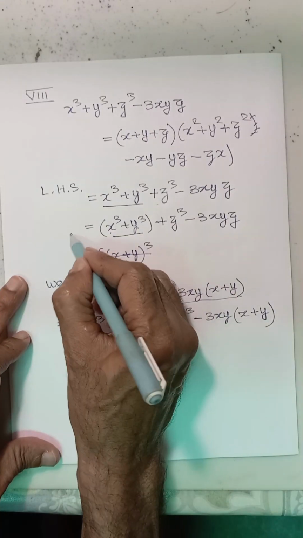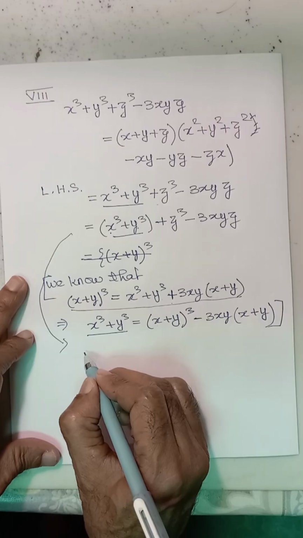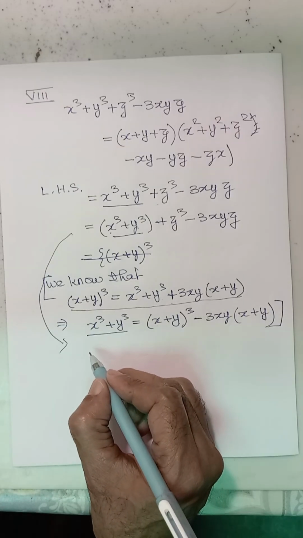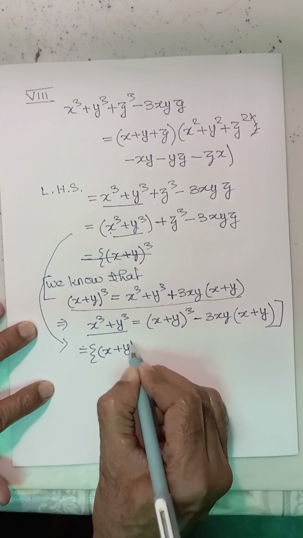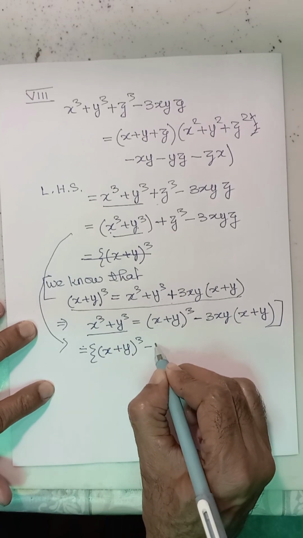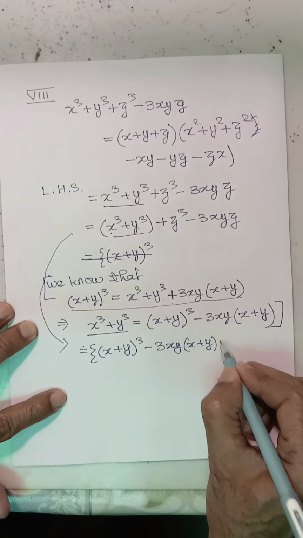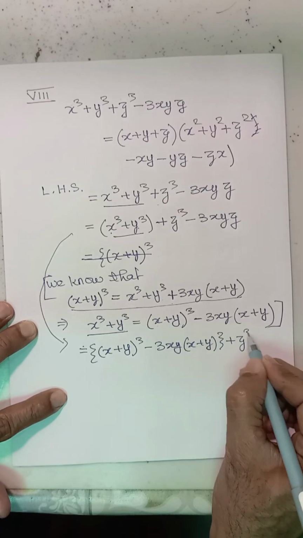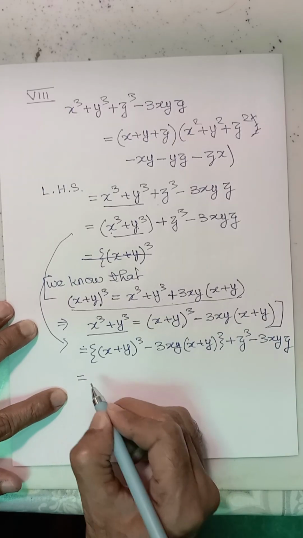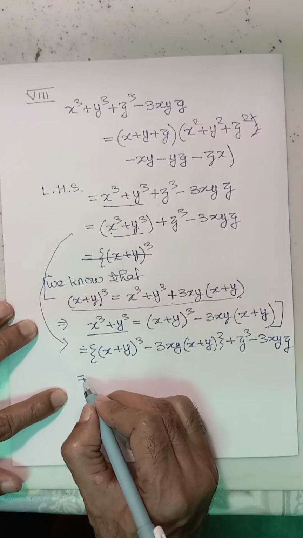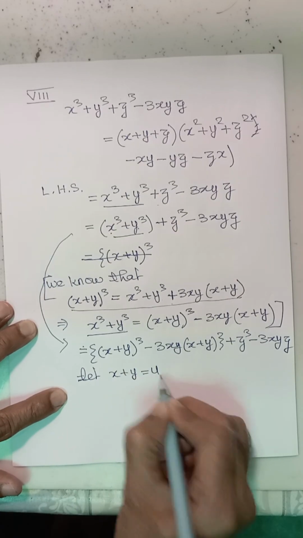Therefore this will be equal to (x + y)³ − 3xy(x + y) + z³ − 3xyz. This will be equal to, now let x + y be equal to u.